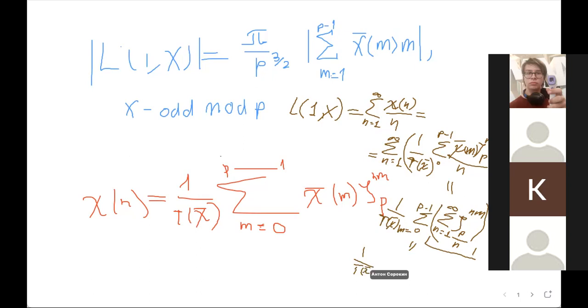Yes, it looks like the Taylor expansion of minus logarithm of 1 minus something. Yes, I understand. It really looks like the expansion of some logarithm: the logarithm of 1 minus zeta to the power m, with a minus sign. Minus logarithm.